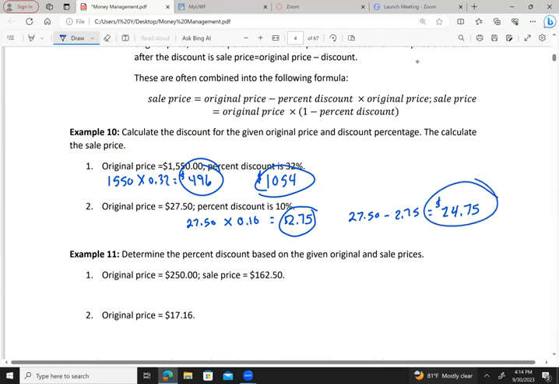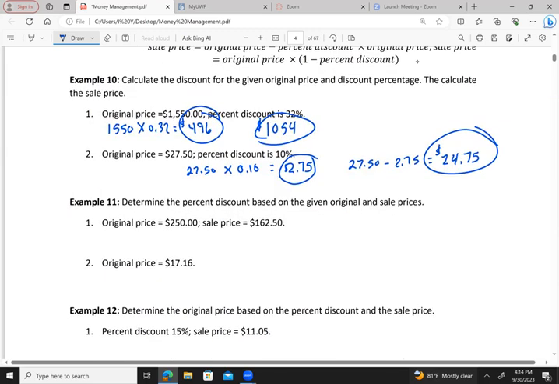Determine the percent discount based on the given original and sale price. Okay, so the sale price is 162.50, original price is 250. So we can find the discount amount, which would be 250 minus $162.50, which is $87.50.